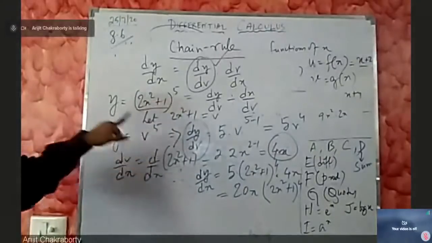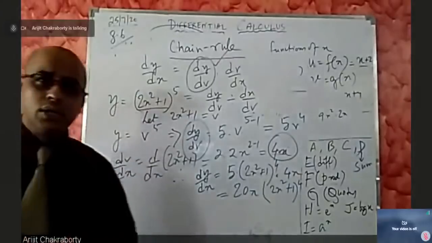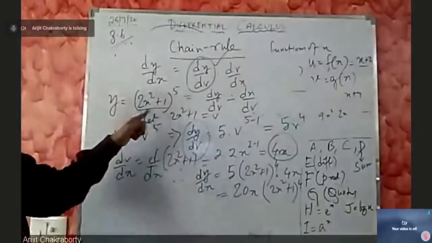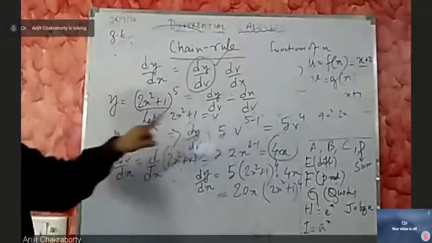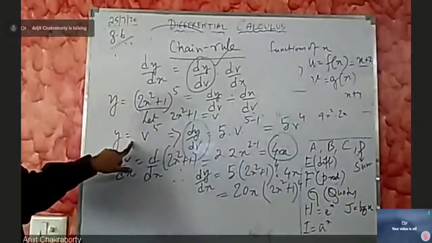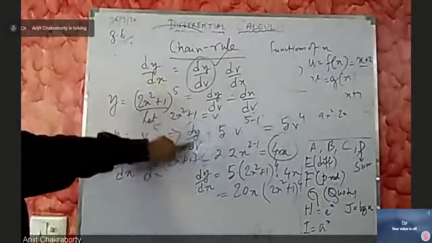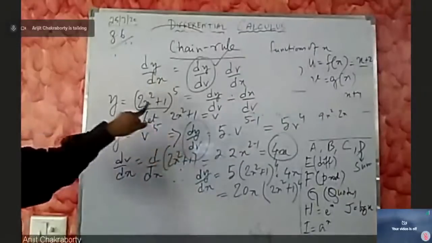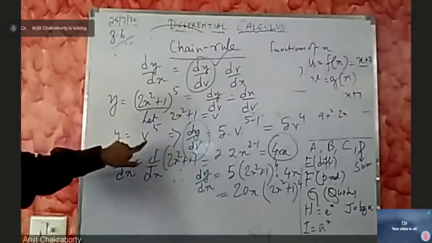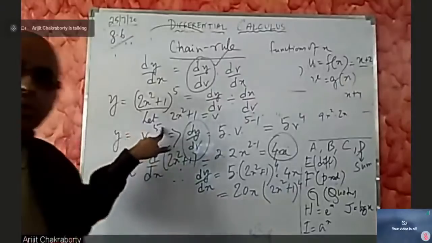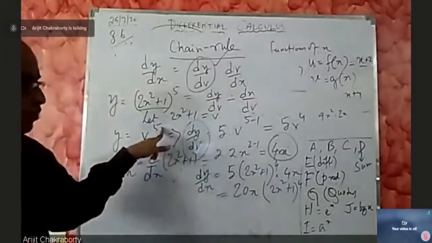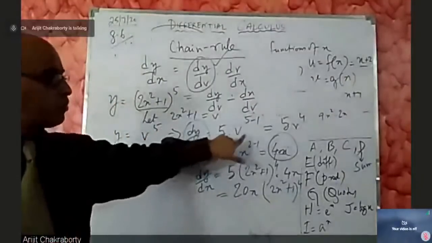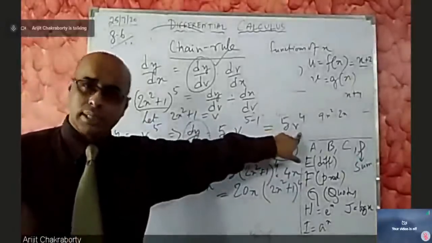We apply the rule and assume 2x square plus 1 equal to v. So we first do dy by dv. We are just finding the differential coefficient of v to the power 5, which is 5v to the power 4. This is the first part.